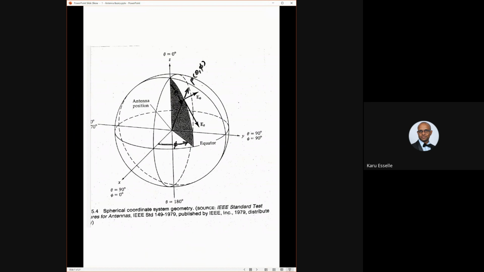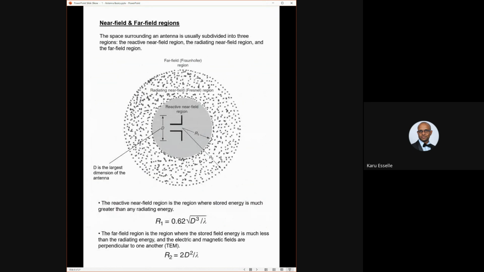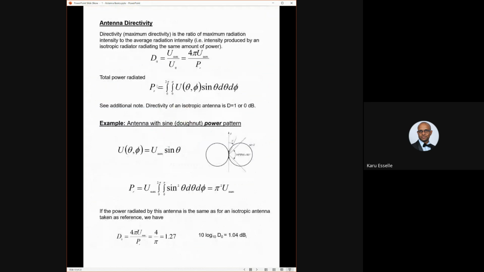So we start from here, the x-axis, which is phi equals 0, and you go the full circle, come back to here. So phi goes from 0 to 360 degrees, or 2 pi in radians. That's the reason the theta integration range goes from 0 to pi, and phi integration is from 0 to 2 pi.